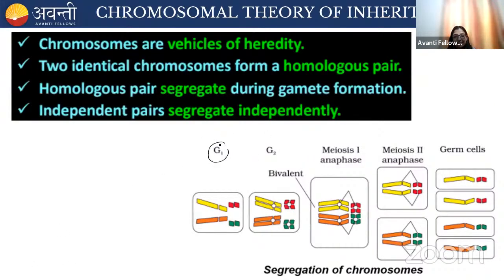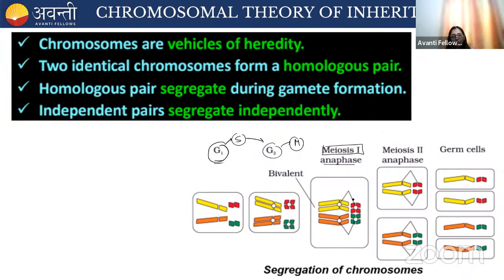See, this is the G1 phase. In the G1 phase, the cell undergoes enlargement, increase in size, right? After G1 is the S phase, where DNA duplication or centrosome duplication takes place. S phase is followed by the G2 phase. You can see now the DNA duplication has occurred. After G2 phase is the M phase. Here is the meiosis. So first, let's discuss meiosis 1 anaphase, where the homologous chromosomes get separated.